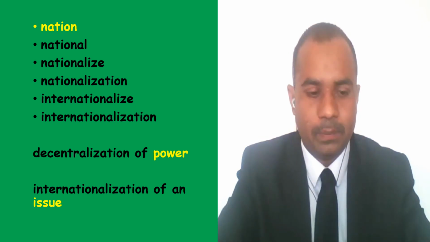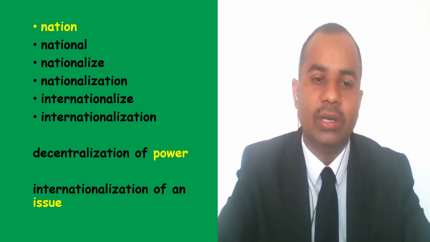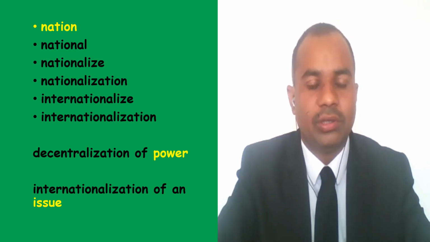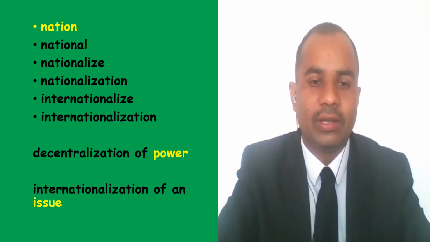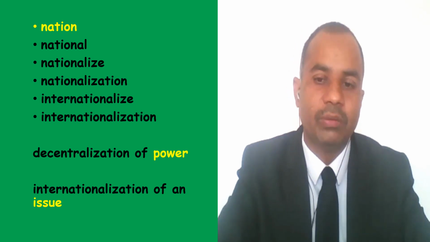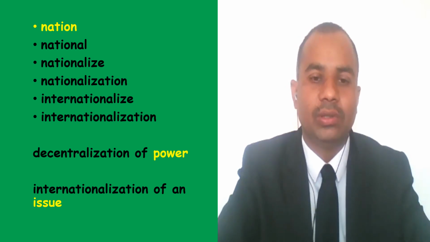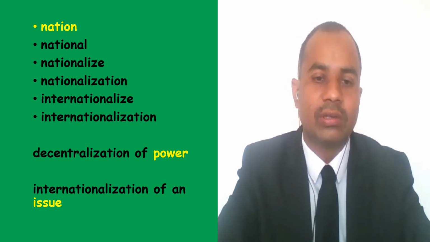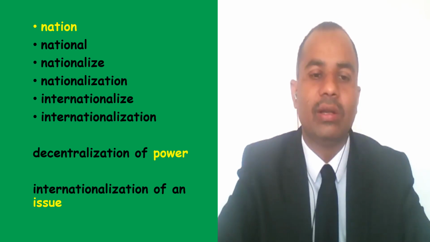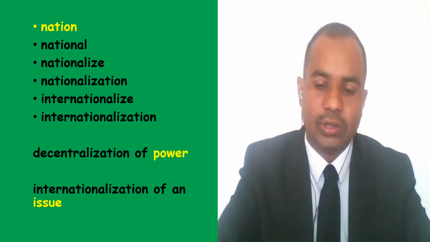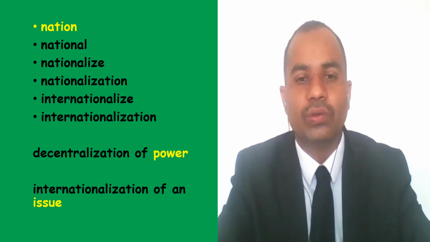For example, some issue within a country, like the issue of J&K, is an internal matter of India, but some people are making it international. So in this context you can use these words.